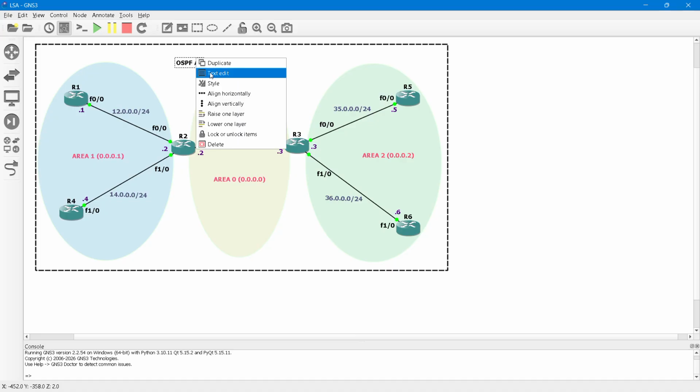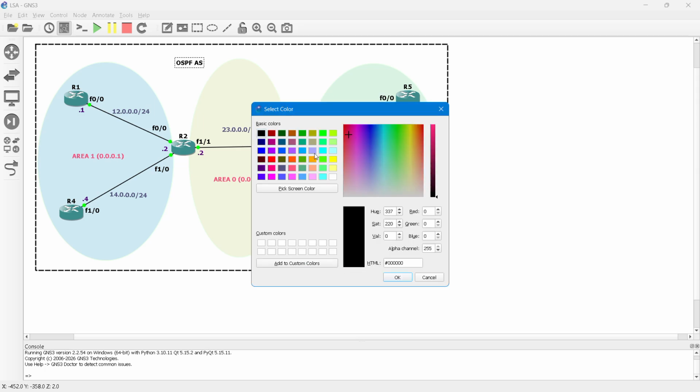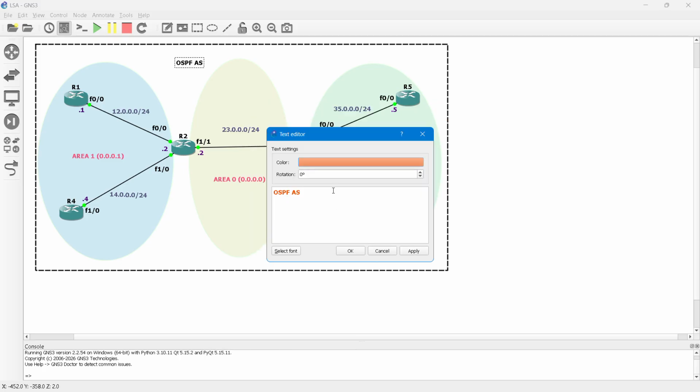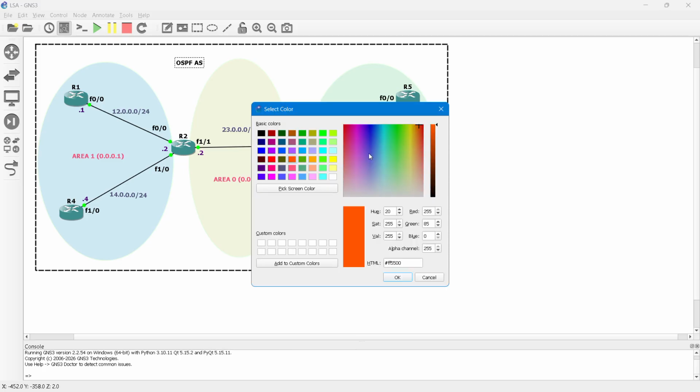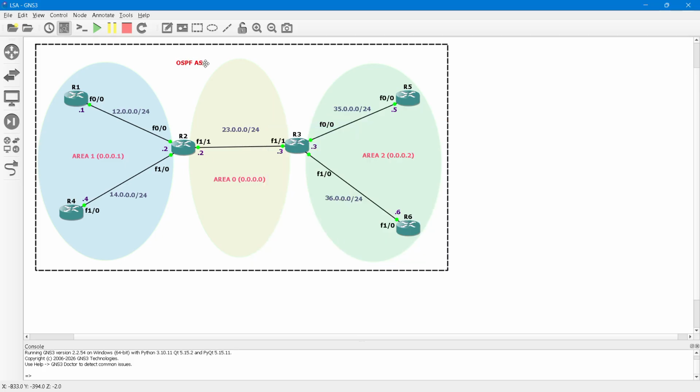Yes. So this is our OSPF autonomous system. This is one autonomous system.